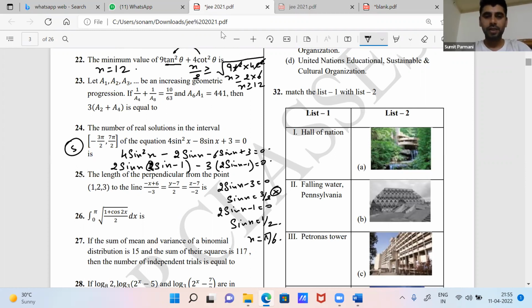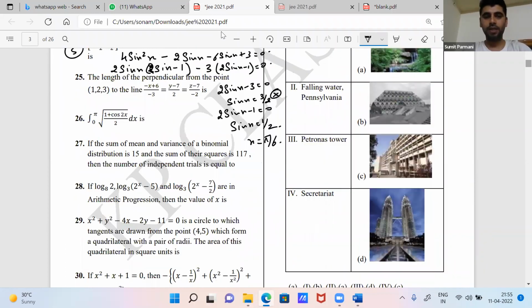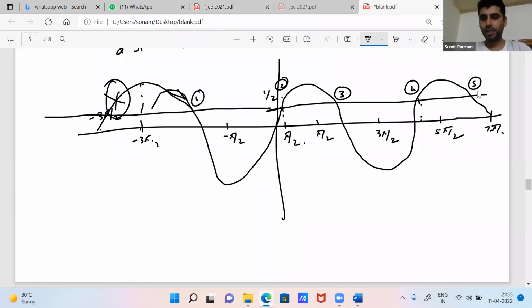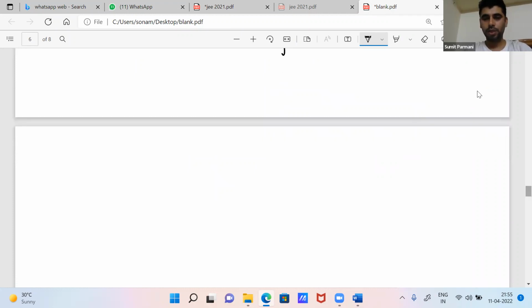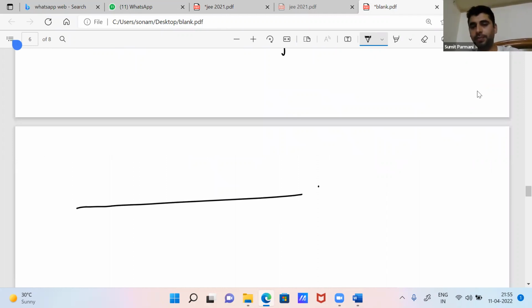25th, the length of perpendicular from the point to the line. Okay, for length of perpendicular from the point to the line, we can say, suppose this is a general line in 3D. Okay, we are taking a general concept.